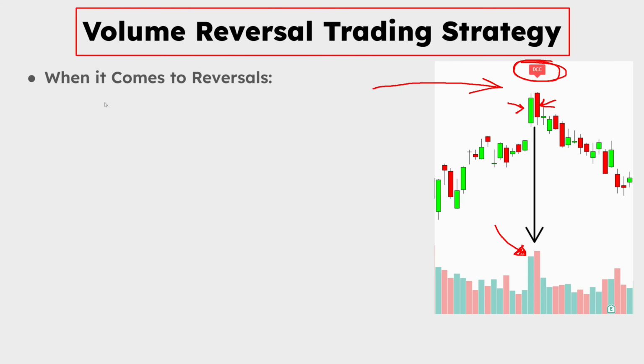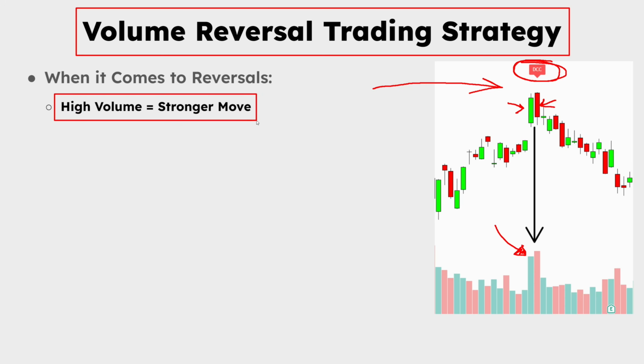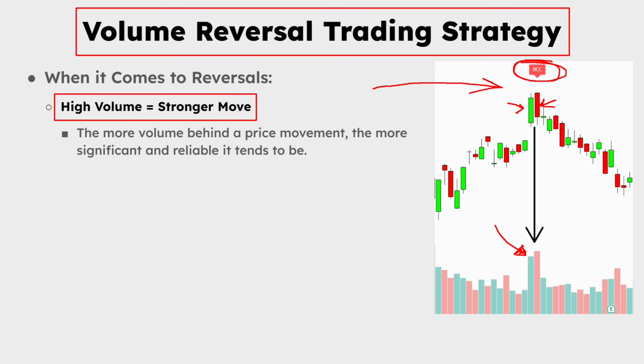So when it comes to reversals, in general, high volume means that we are seeing a stronger move, or in other words, a more significant move. So when we see reversals, it's important to actually look at the volume, because the more volume behind a price movement, the more significant and the more reliable the signal tends to be.